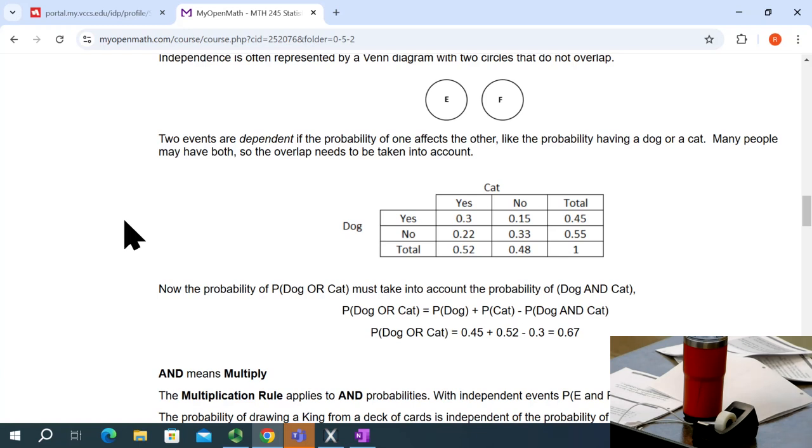Now, in this one, people can have dogs and cats. So what's the probability that they have a dog or a cat? Or means add. So what's the probability of having a dog or having a cat? Look at the dog. What's the probability of dog?